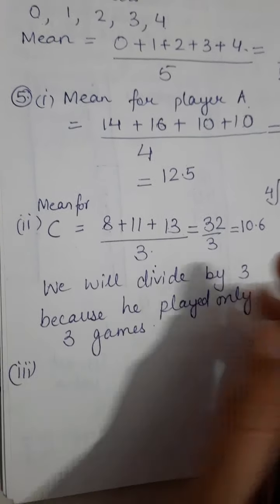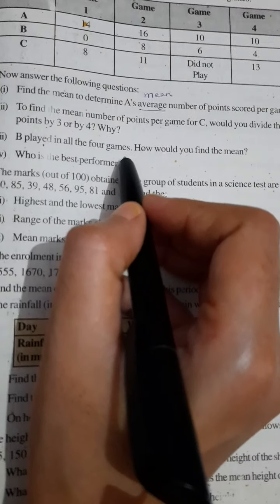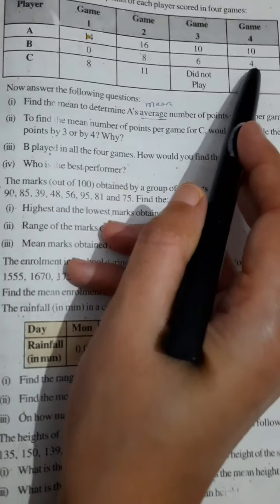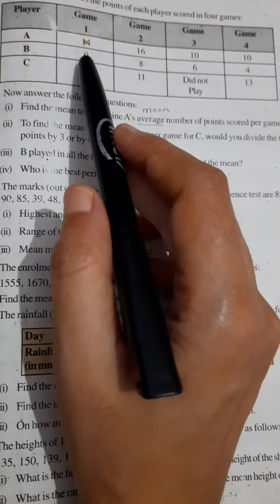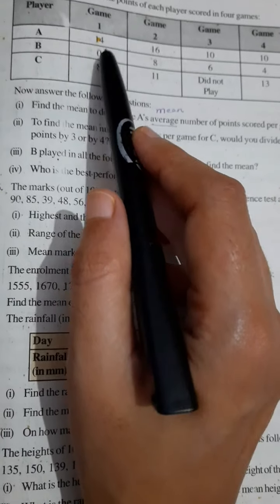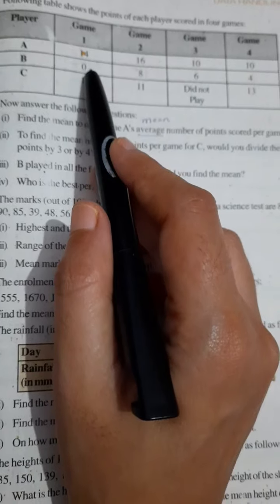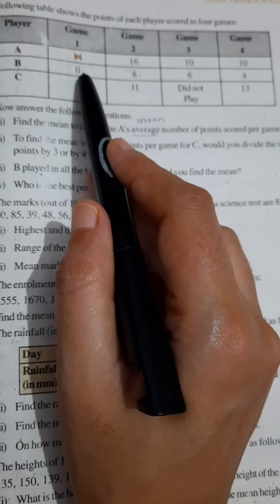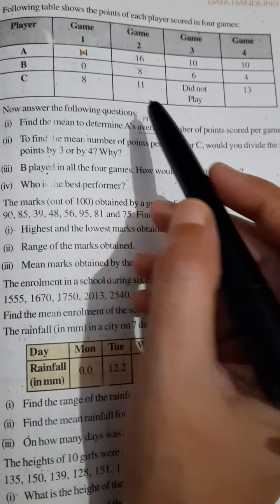Now the next question. In the third question they said B played in all 4 games. How would you find the mean? He played the game, so we will take this game also. He didn't score anything. He scored 0 in the first game, but we will include it. So we will divide by 4.